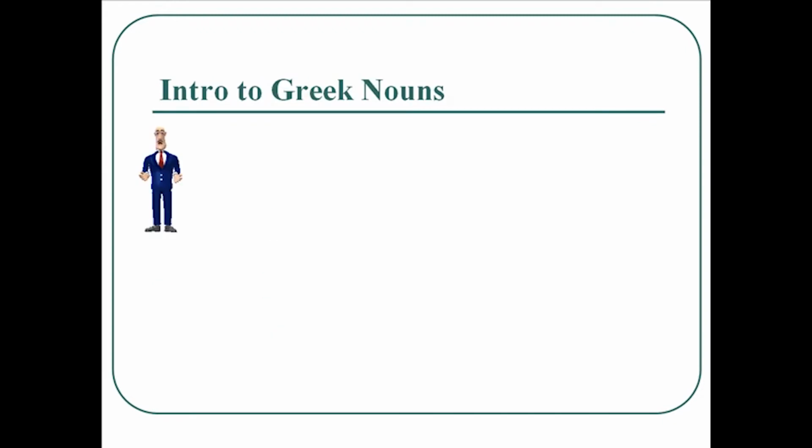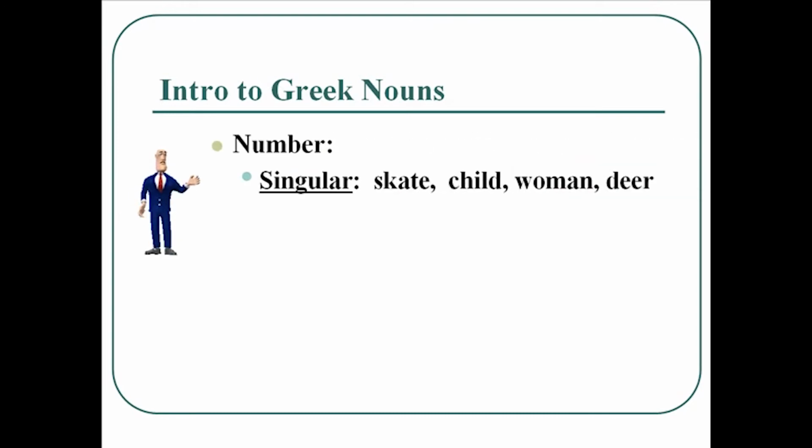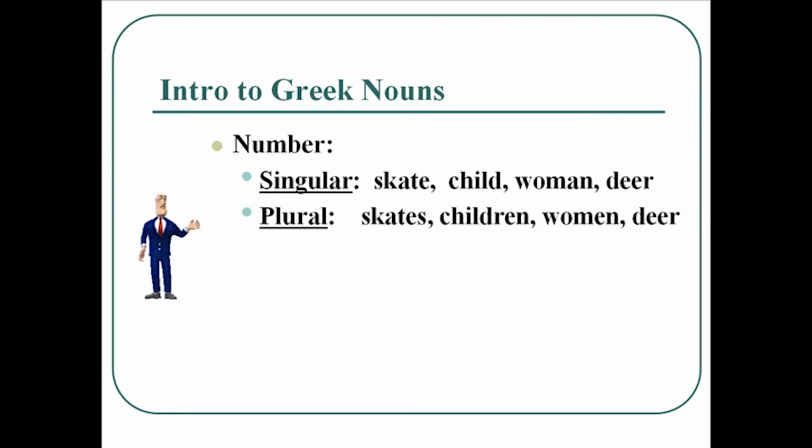In both Greek and English, we have a singular and a plural. Apparently, Greek originally had a dual also. In English, we have singular words like skate, child, woman, and deer. And we form the plural in various means.